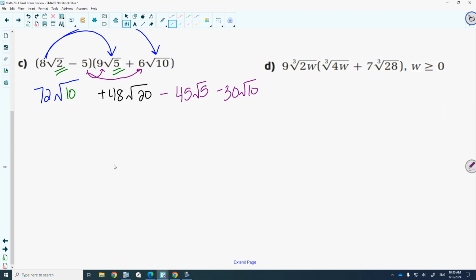Jevin, which one do I need to simplify? 48 root 20 needs to be simplified. So 20 is 2 and 10, 2 and 5. Hans, what does 48 root 20 simplify to be? Yep, 96 root what? Root 5.